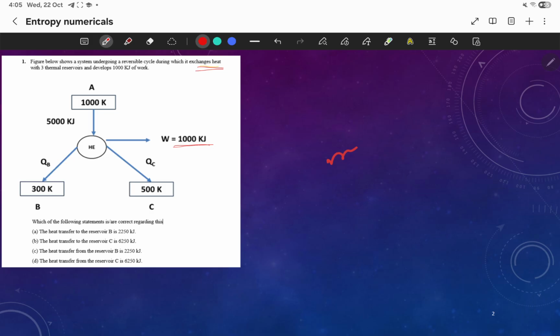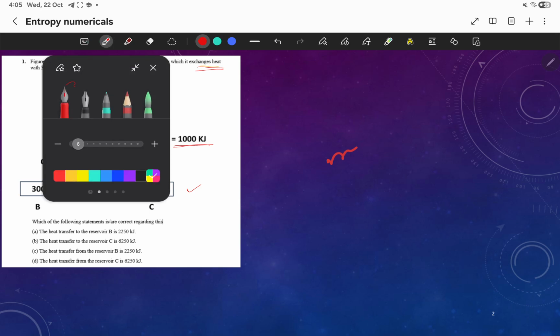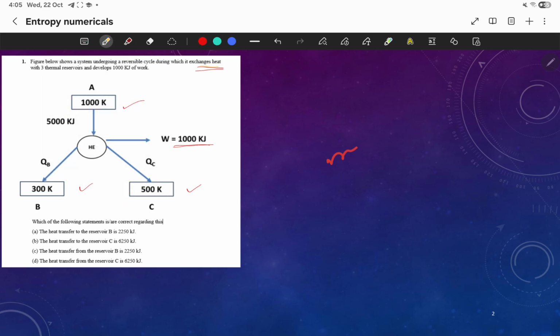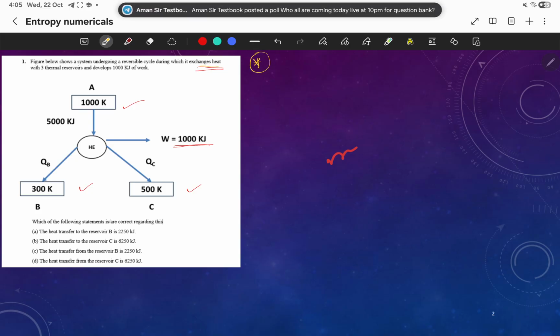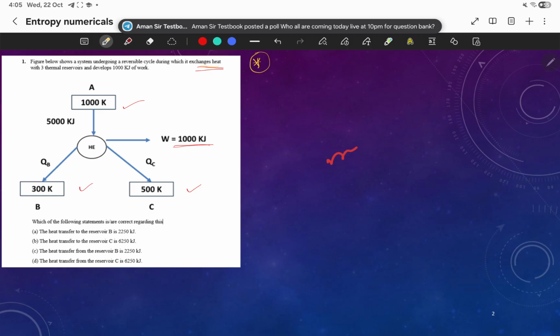Okay, fine. Whenever we get these 3 thermal reservoirs acting as a heat engine, the first concept we discussed is to first write the energy balance equation. This is QA, QB, QC we have taken here.